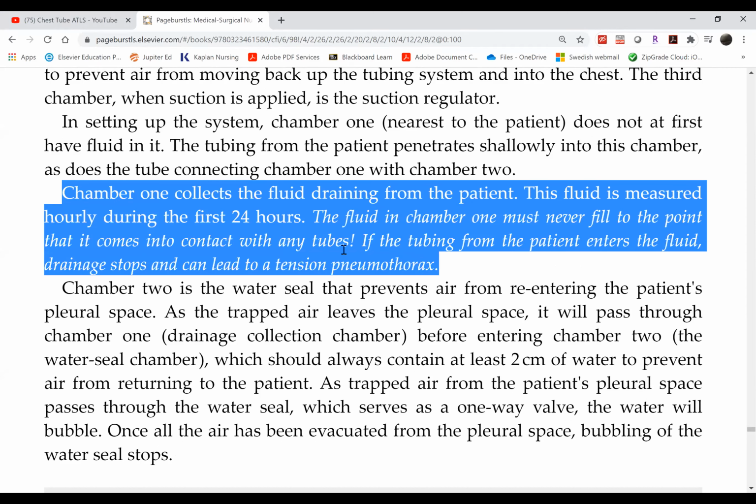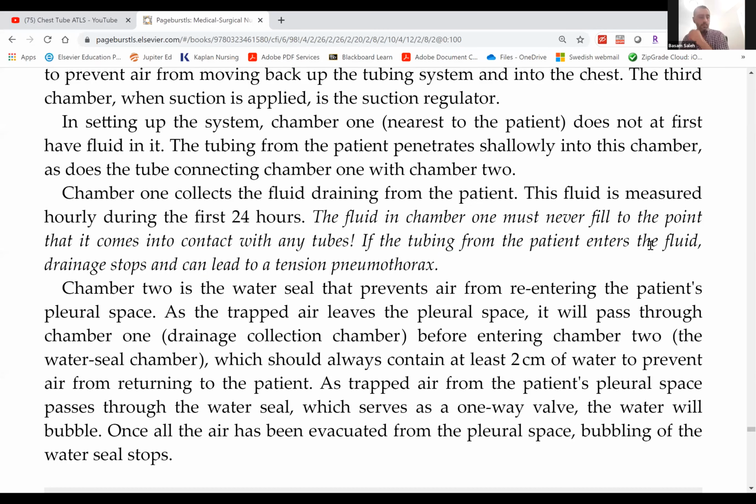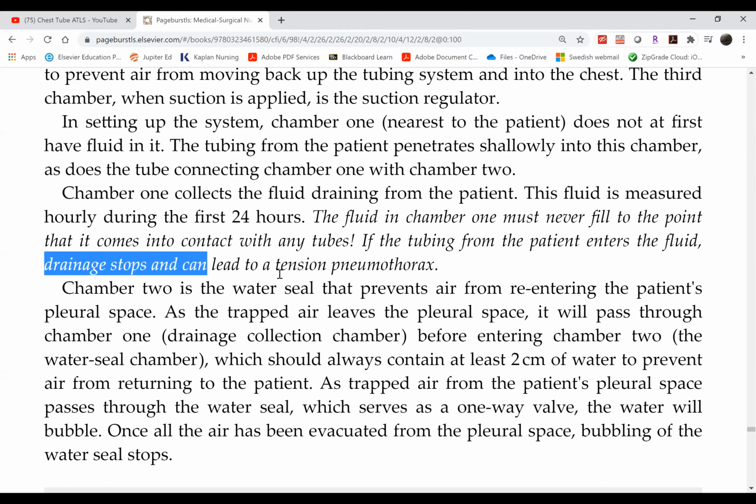If it's a 2500 ml capacity box, then you'll have to replace it with a new one at, let's say, 2300, or maybe 2400 if you want to be that close. But the point is, you need to keep the drainage flowing. If the fluid reaches the tubing, drainage stops. Then that is tension pneumothorax.